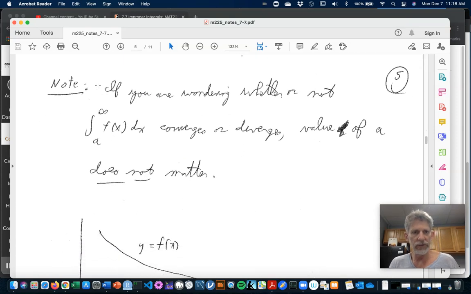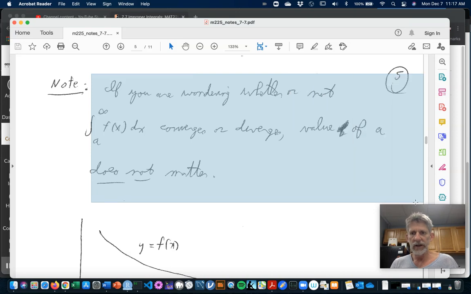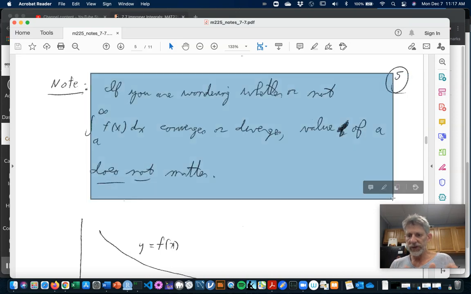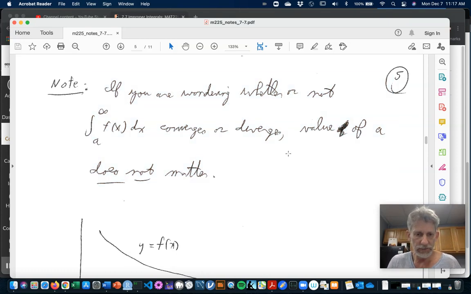Again, stressing, as far as convergence or divergence is concerned, where you start does not matter. If the integral converges, where you start will help to determine what the total area is, but it doesn't help to determine whether or not the integral converges.